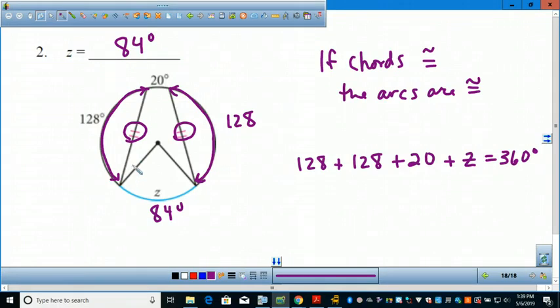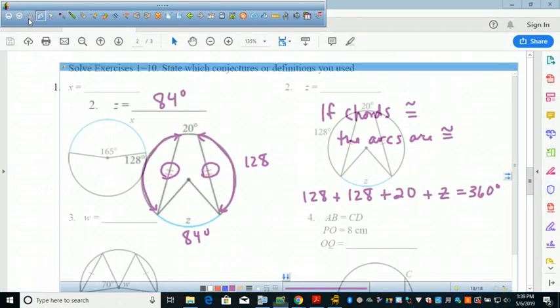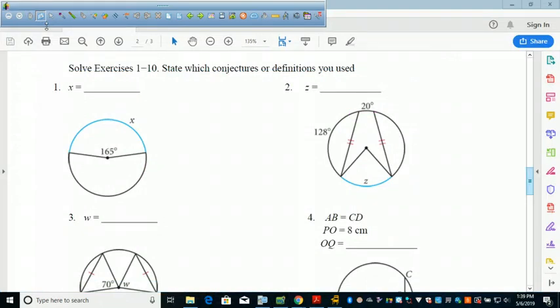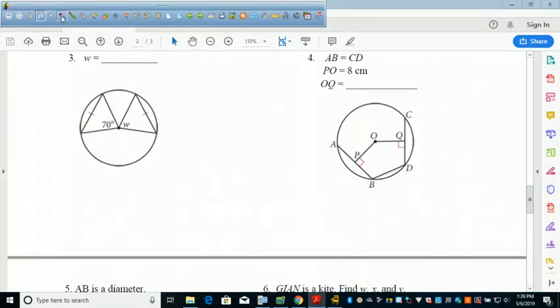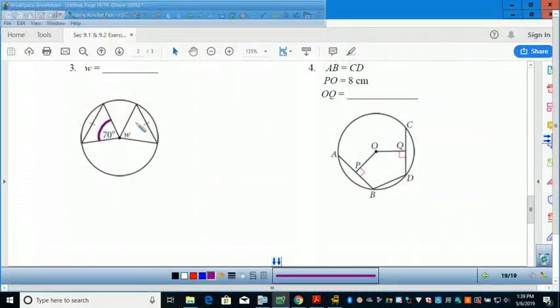Okay, move on to 3. If the chords match, then the central angles match. So 70. Yep. These are all part of a radius, which is going to be a perpendicular bisector. So if this is 8, this will be 8. So that's pretty simple.